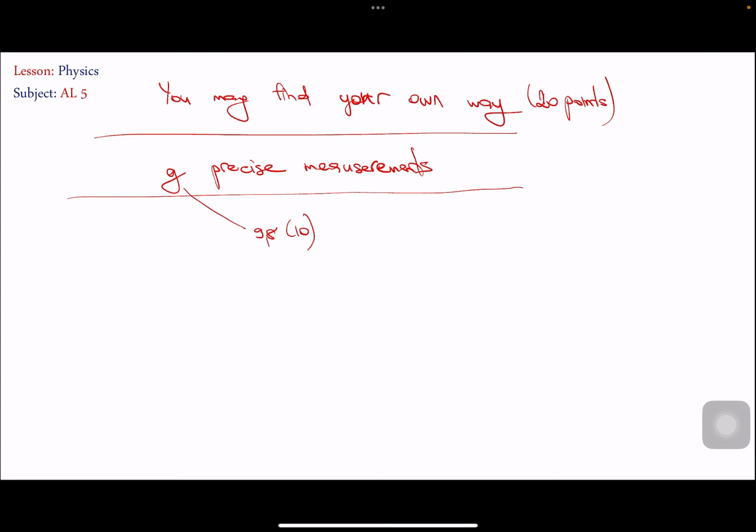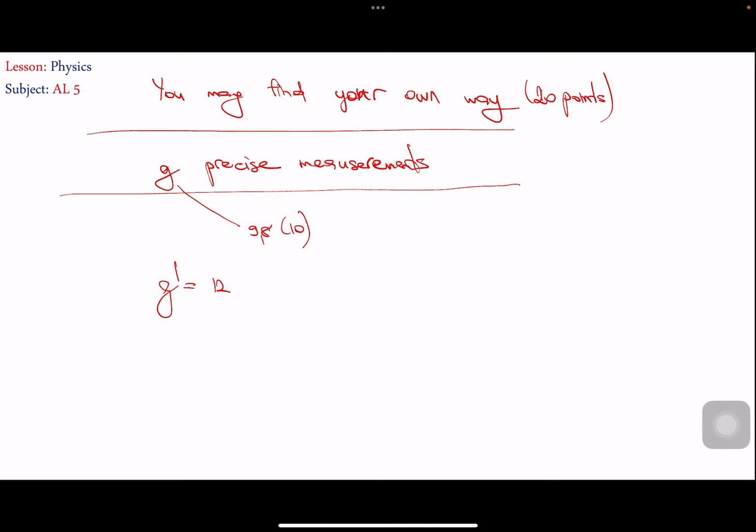So if you make your own way, but your g prime appears to be 12 Newton per kilogram, well, that's the same as 12 meters per second squared. So it's clear that g is not 12 Newton per kilogram because we are not on Neptune. So I won't accept it as right because the way that you have chosen is not correct.